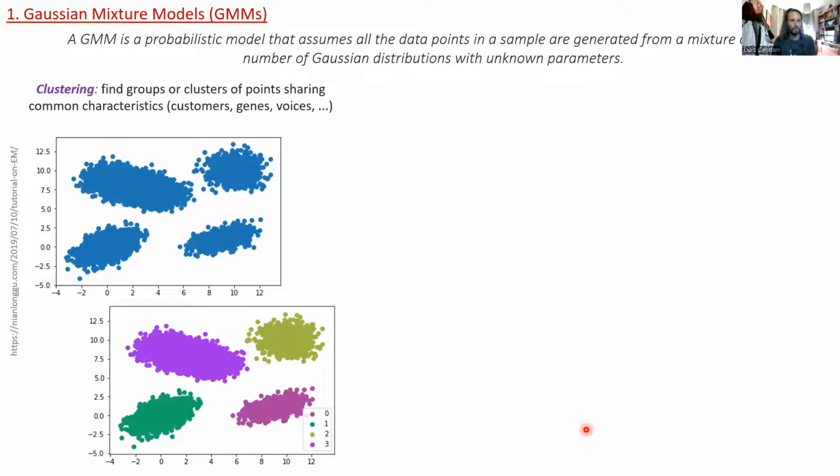These groups could be customers, voices, images, genes, and other things. In the case of Gaussian mixture models, it assumes that each of these groups is represented by a Gaussian distribution.